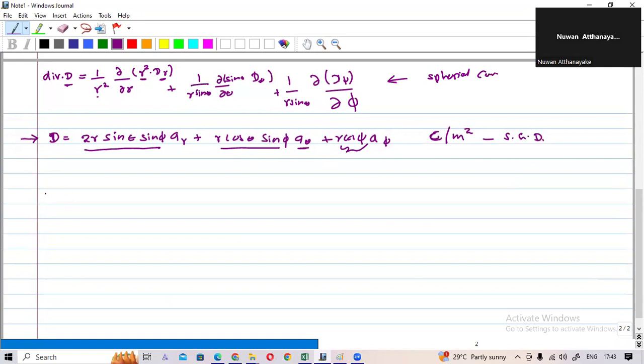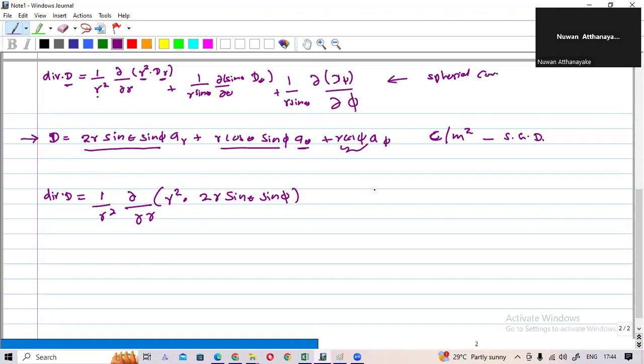So very easily you can write divergence of D equals 1 over r squared, del by del r of r squared times D_r, that is 2r sine theta sine phi.